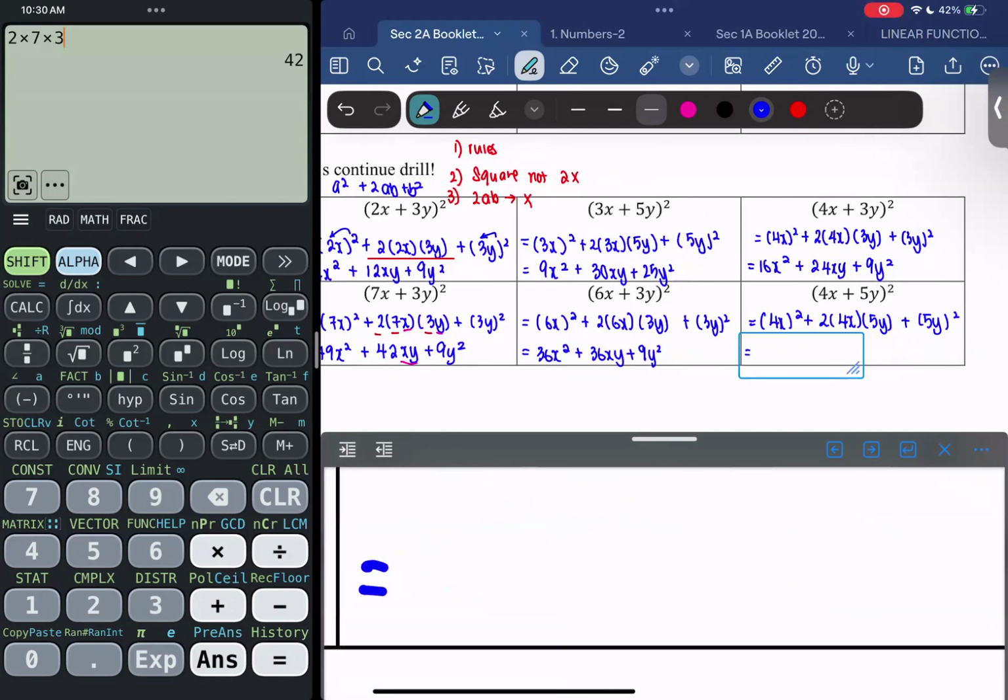And then when we expand, what do we get, Afifa? Can you expand it and let me know what's your answer?